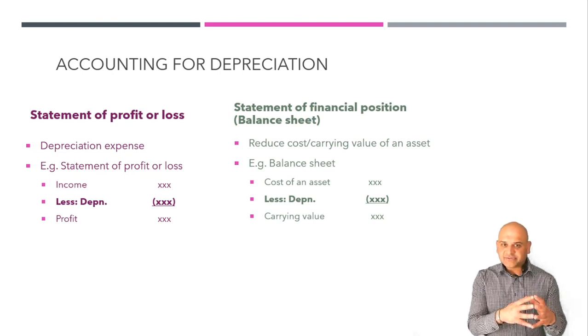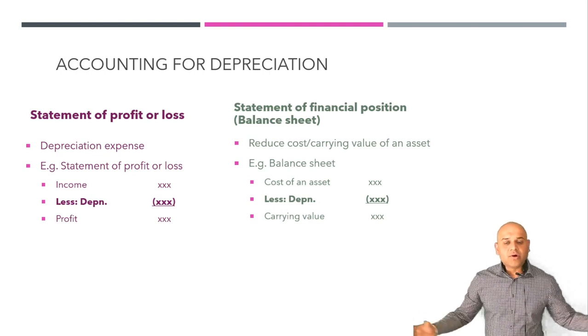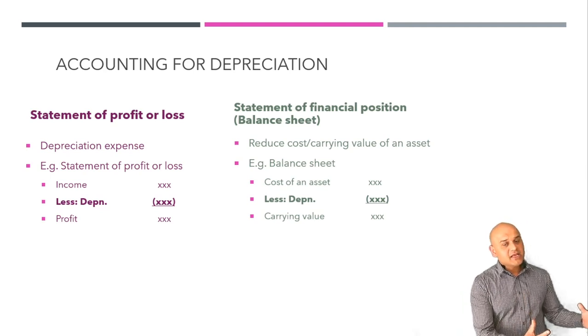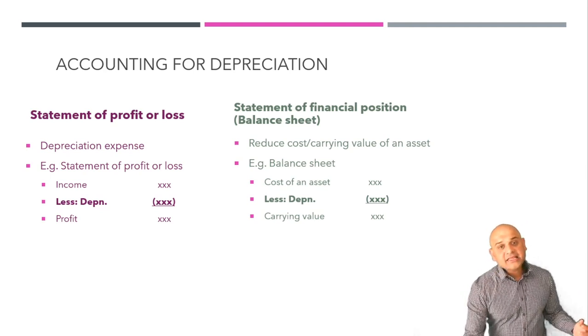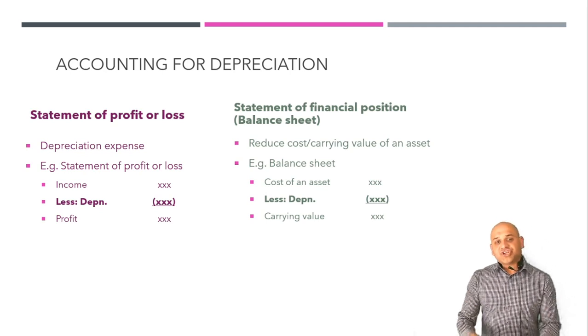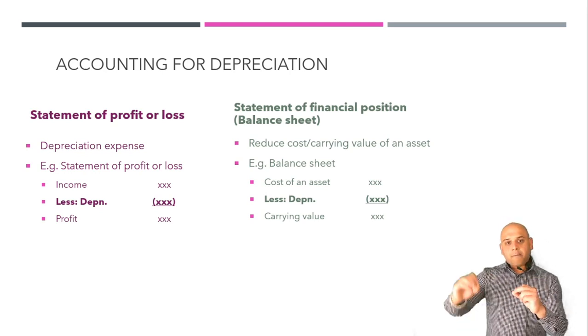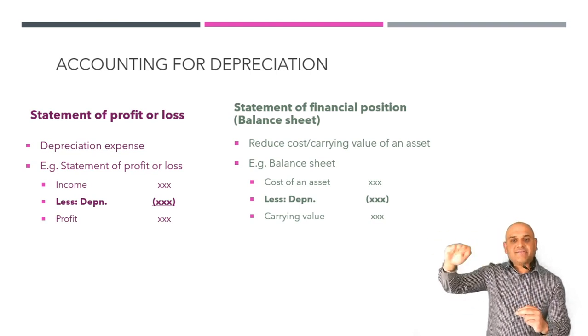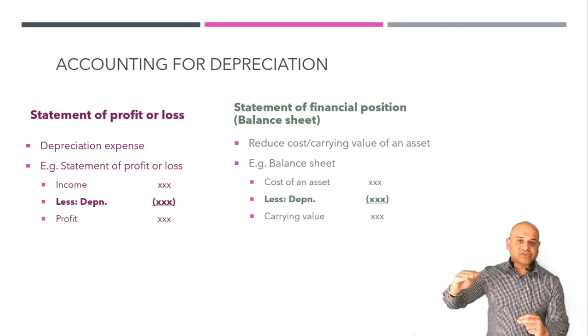It's an accounting adjustment. It is an allocation of the cost over its life. So this expense of depreciation is deducted from the statement of profit or loss as an expense. Profit goes down, and in the balance sheet, or statement of financial position, the same amount of depreciation is taken away from the value of an asset. So in the balance sheet, you keep an asset, and every year you take away the depreciation amount, and the value goes down. All right.